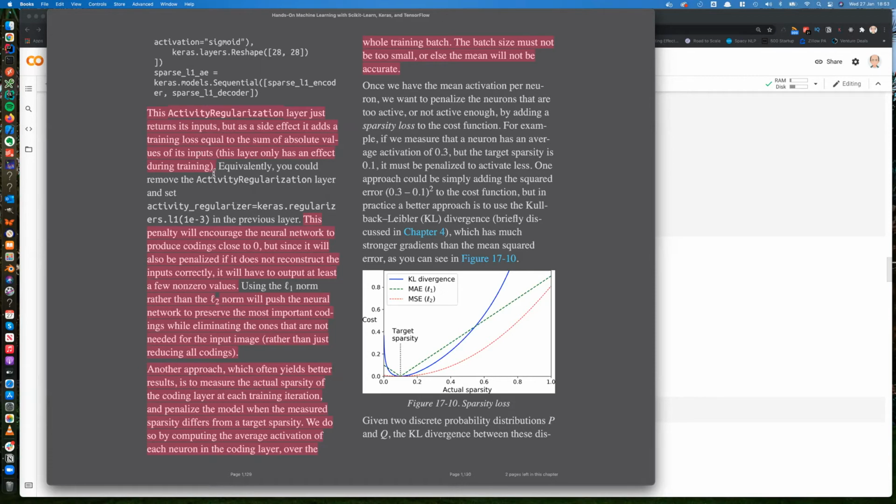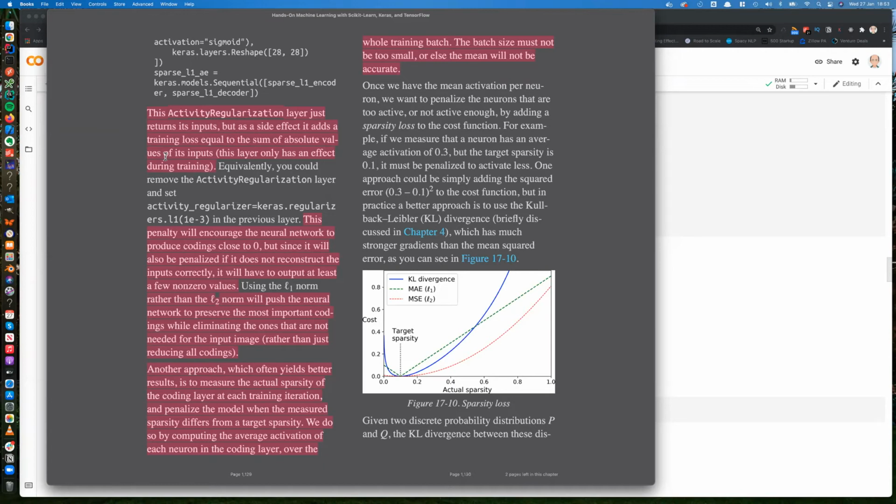So that's interesting. What's that going to do? The loss is going to be artificially increased. That's like adding an L1 norm on the outputs of the encoder layer, and the L1 norm usually enforces sparsity of the activations.